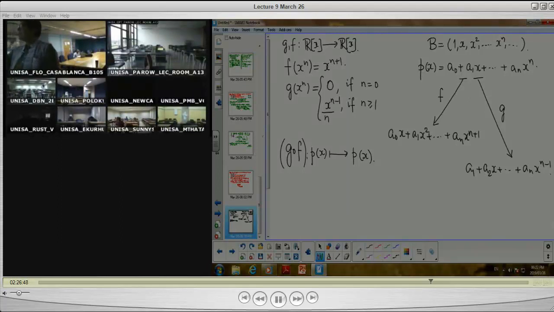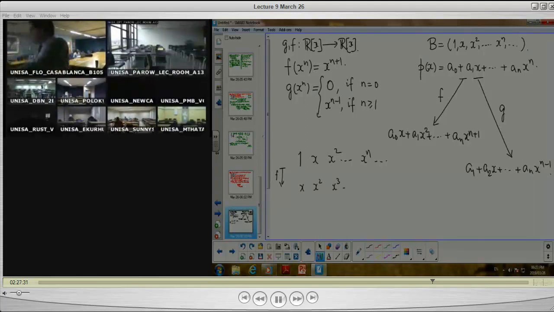So G composed F, its action on the basis is enough. Let's look at what is happening on the basis. First when you put it into F, this goes to this, and G then takes it to this.